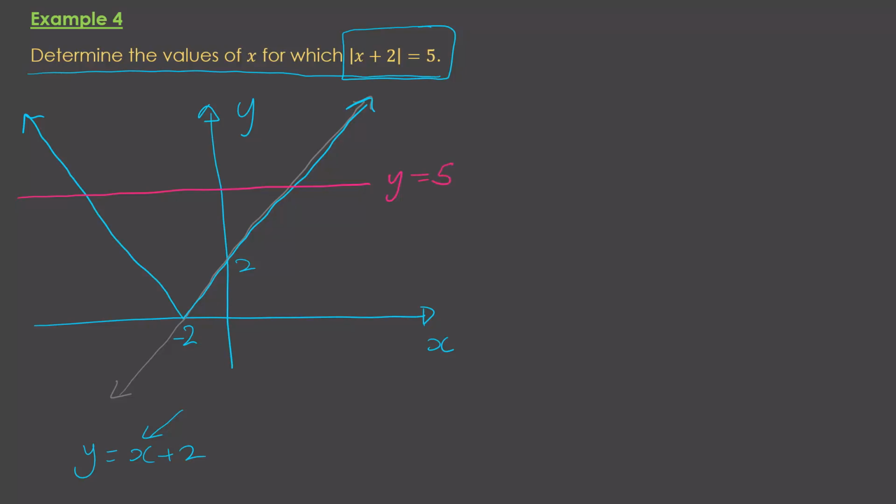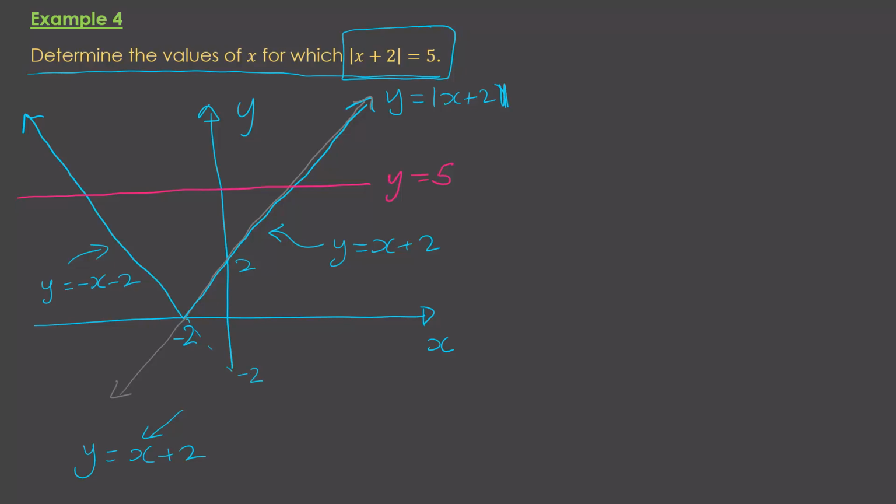The original graph we drew was y equals mod x plus 2. Now if we think about the mod x plus 2, this limb of the graph is part of y equals x plus 2. This limb is y equals negative x take away 2. So you can see that we go down there and we've got a gradient of -1 and the intercept would be at -2.